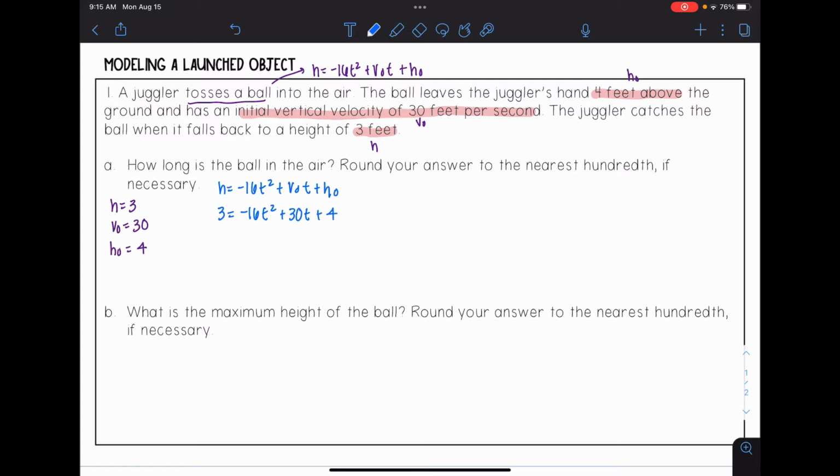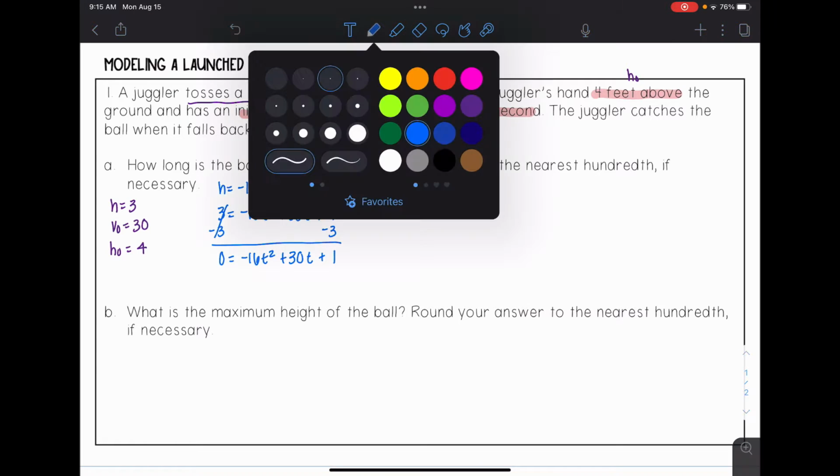And so I know I can use the quadratic formula to go ahead and solve this. However, it's not in standard form yet because I have this equals to 3, so I'm going to go ahead and subtract 3 to the other side first. And so now I have 0 is equal to negative 16t squared plus 30t plus 1.